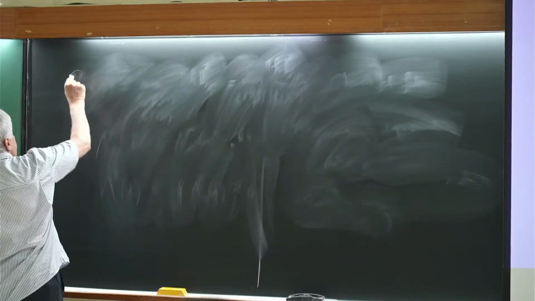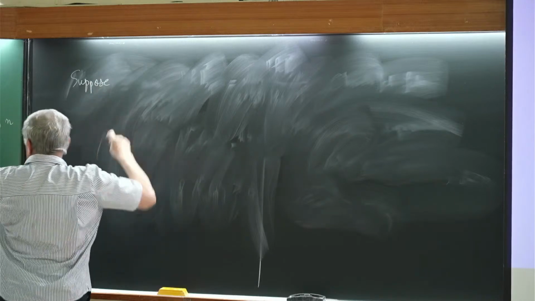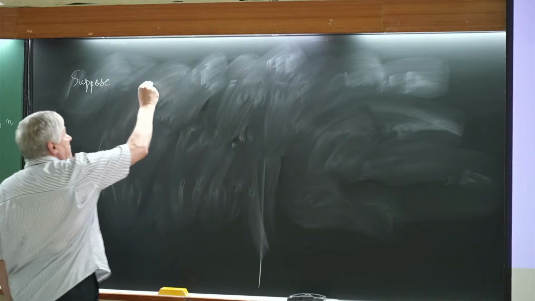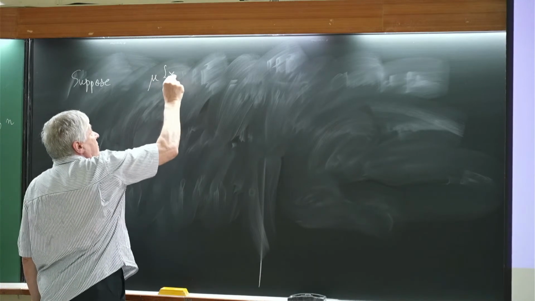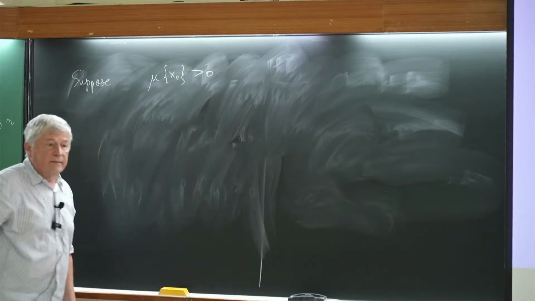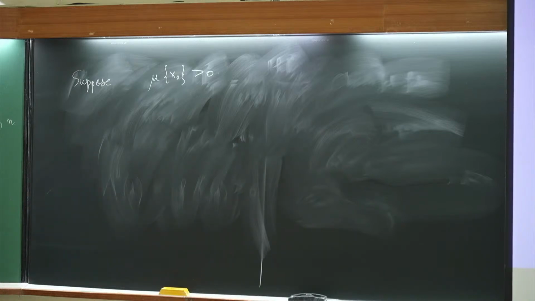Suppose that the measure we started with has a point mass at a fixed point. Then I do the minimization at that point. Let's say this is real.